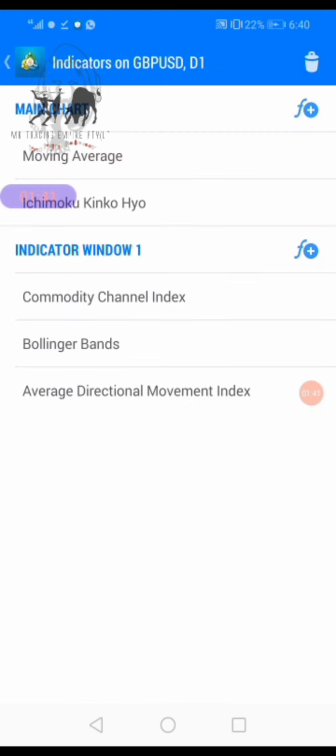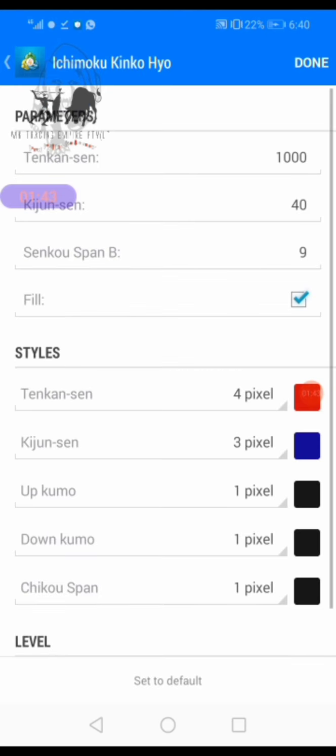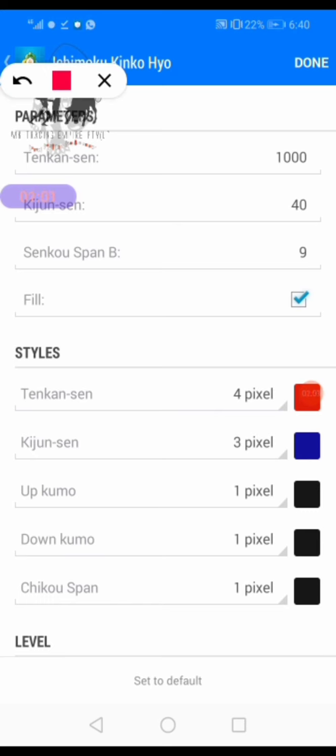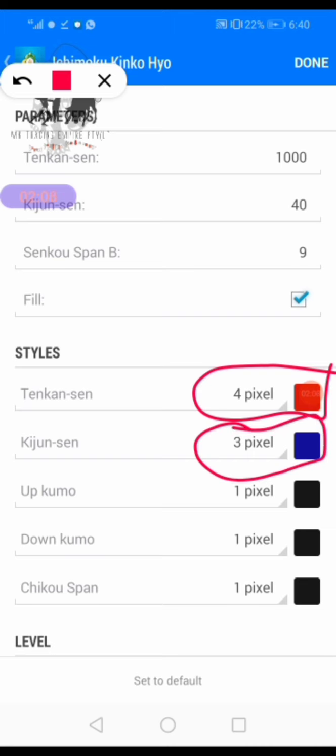I also have the Ichimoku on this, Tenkan-sen is 10, the Kijun is 40, the Senkou Span B is 9. On the styles, we're going to take the Tenkan-sen and also the Kijun.